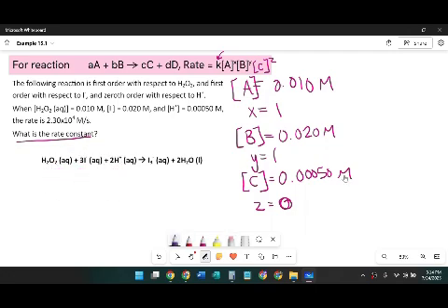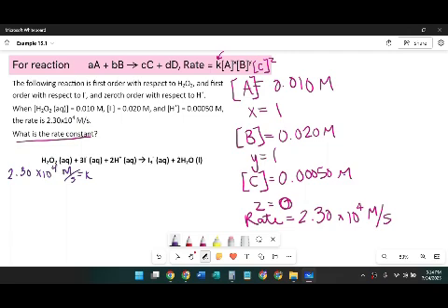All right, so for our rate constant, let's put in our rate. Let's also include the rate real quick. So rate equals 2.30 times 10 to the 4 M per s. All right, now we're ready. So we have 2.30 times 10 to the 4 M per s equals K times 0.010 M, and that's raised to the first power, times 0.020, also raised to the first power.